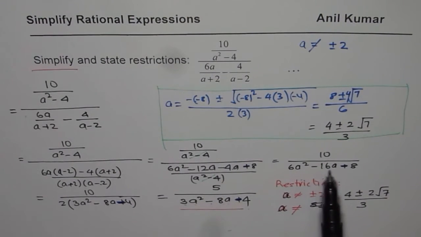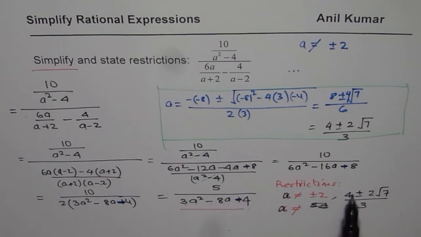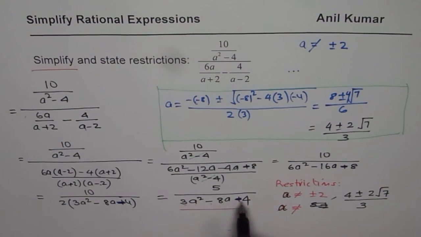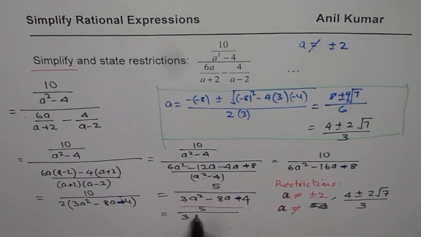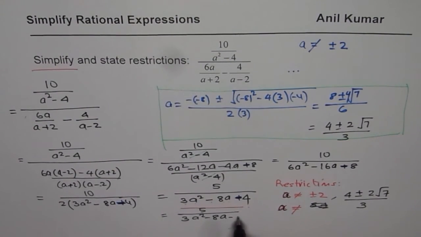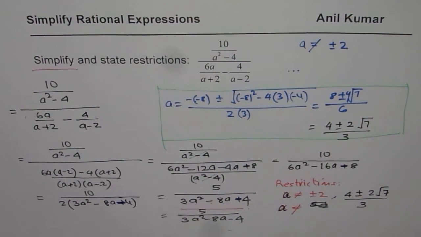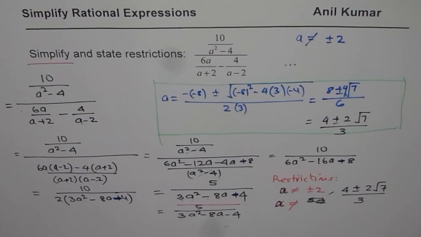In this case, we get 3a square minus 8a plus 4. Since this cannot be further factored with normal techniques, we used the quadratic formula to find the zeros. The zeros for us are 4 plus minus 2 square root 7 by 3. So a cannot be those values also. Let me rewrite this simplified version, which is 5 divided by 3a square minus 8a plus 4. I hope that helps. Thank you and all the best.